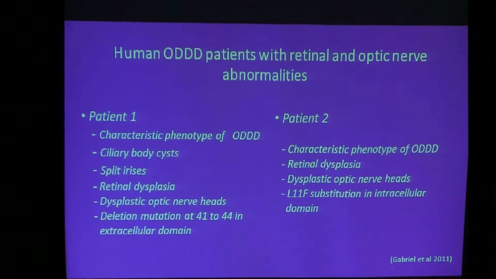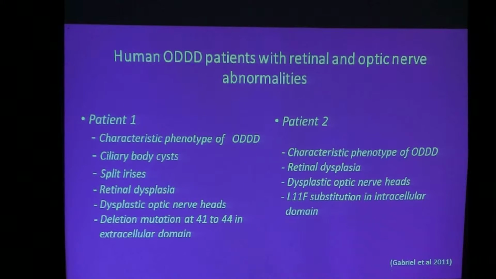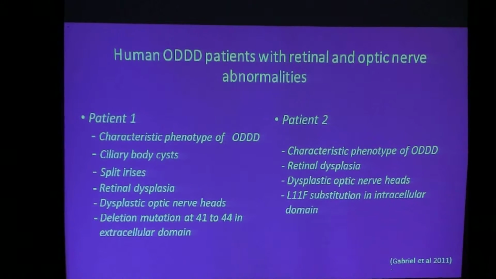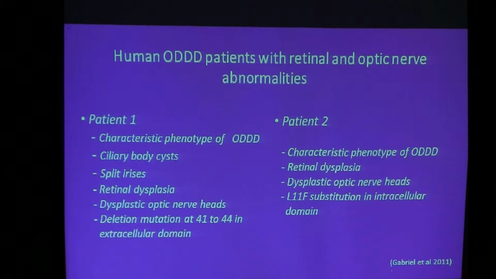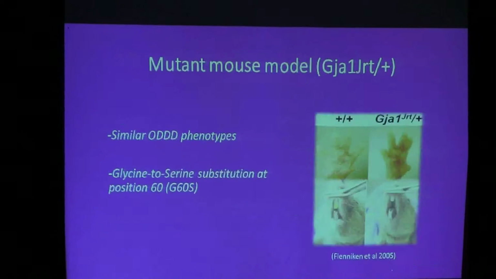Patient 2, with a substitution mutation of the leucine at position 11 in the intracellular domain, showed the characteristic phenotypes of ODDD with retinal dysplasia and dysplastic optic nerve heads.